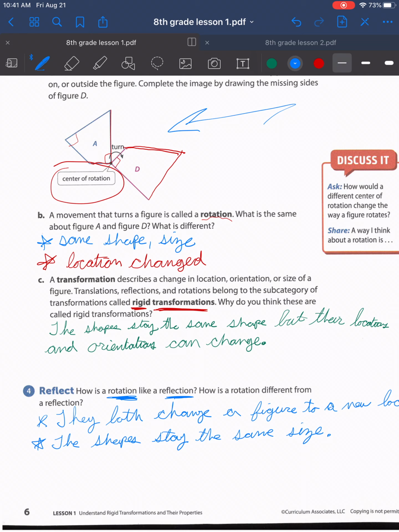Okay. But now how are they different? It's different because a rotation turns the image and a reflection flips the image.